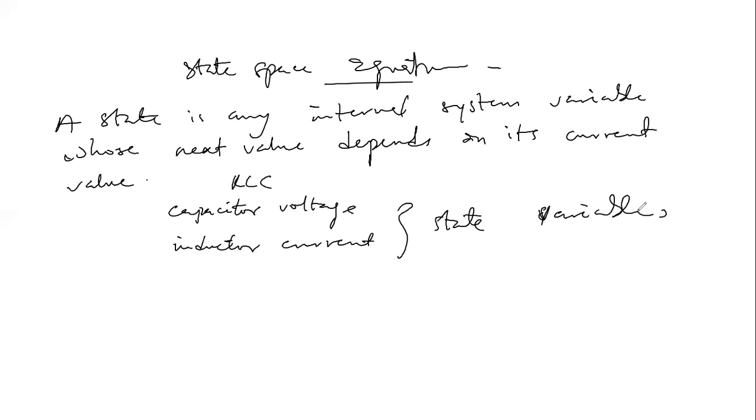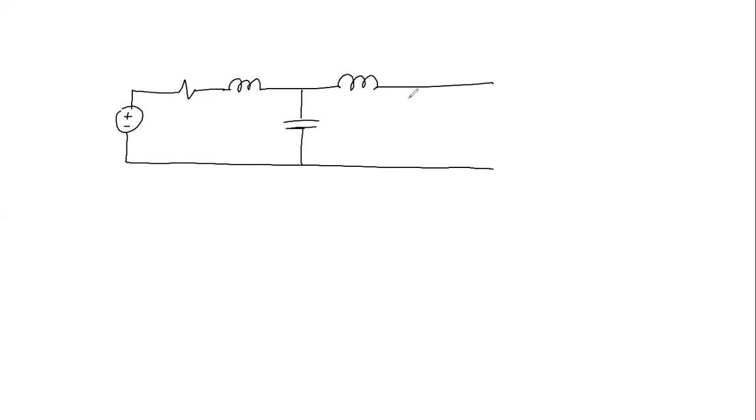So we just draft one simple RLC circuit I picked somewhere. Plus minus. Here we have the capacitor, then here we have another resistor.